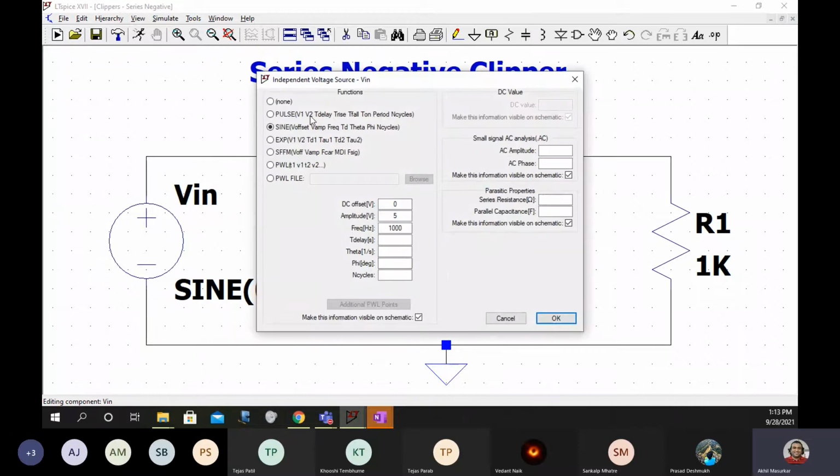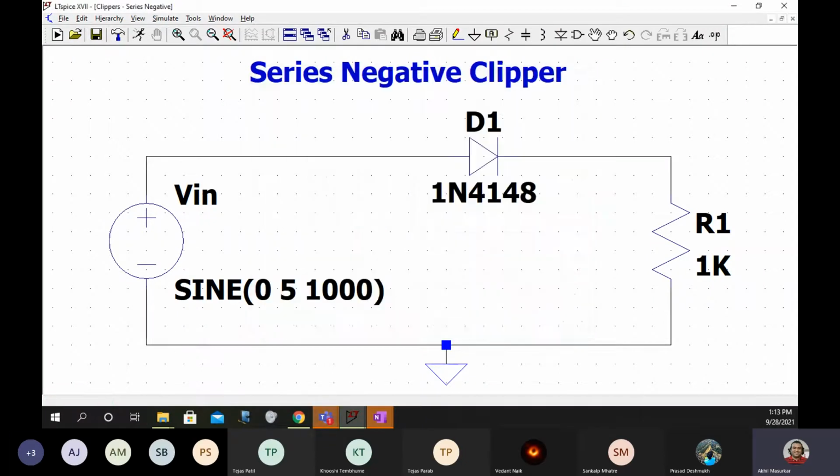Right click on this. It will be like this. So you can go to sine and write the values 0, 5 and 1000. Somebody may ask why not 500. Okay, later you can do that, but for now you do like this. Okay, Mithilesh, correct.